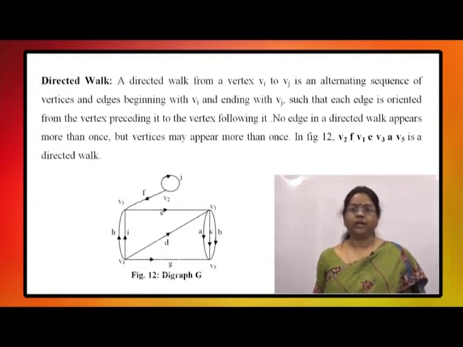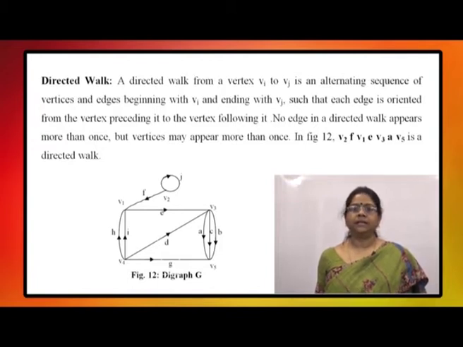In figure 12, we can see a directed walk which is V2, F, V1, E, V3, A, V5. So if the arc F is oriented from V2 to V1, arc E has to be oriented from V1 to V3, and A goes to V5 from V3.